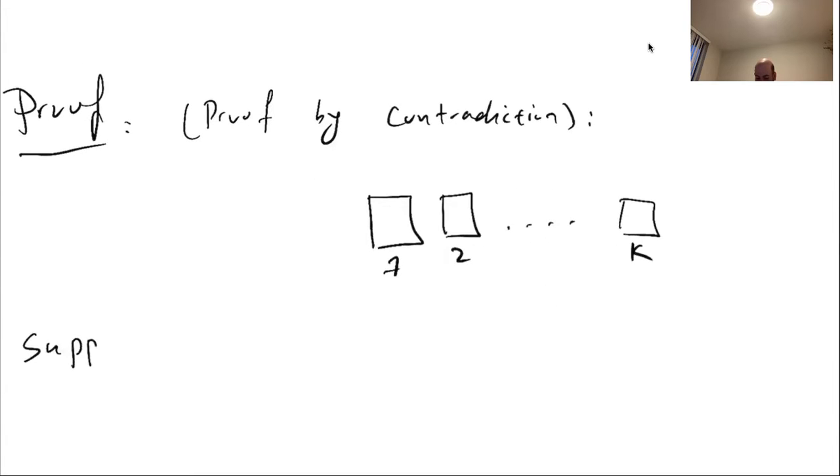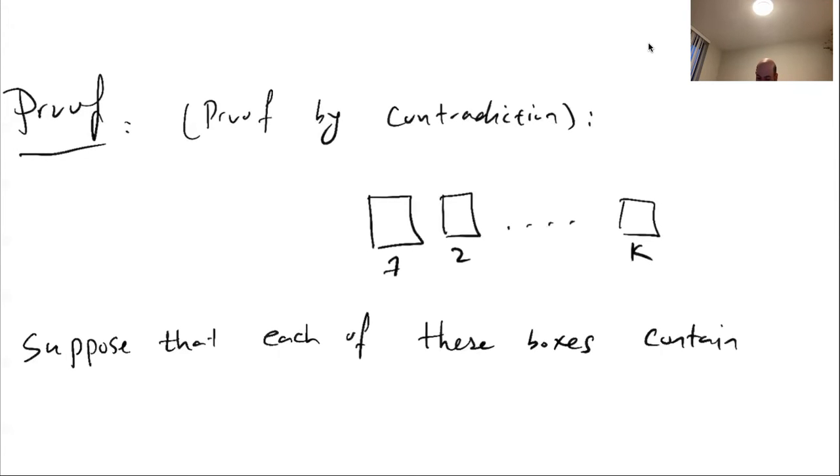Suppose that each of these boxes contains at most ceiling n over k minus 1 objects.